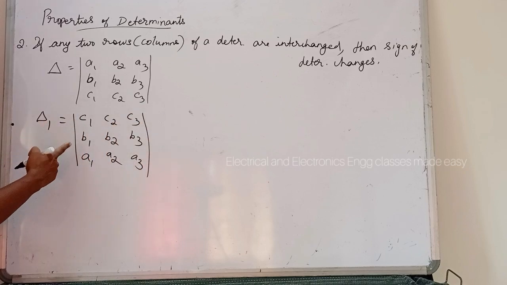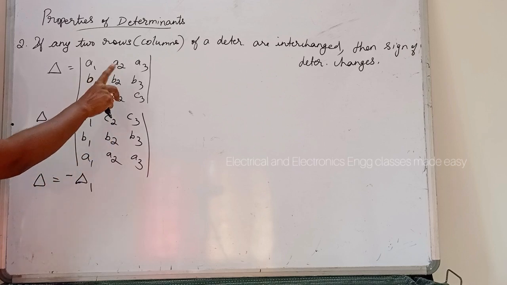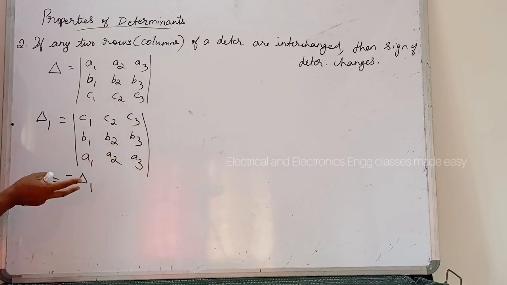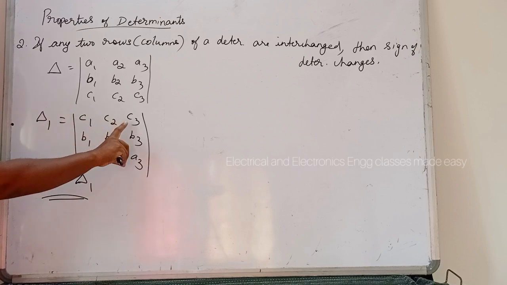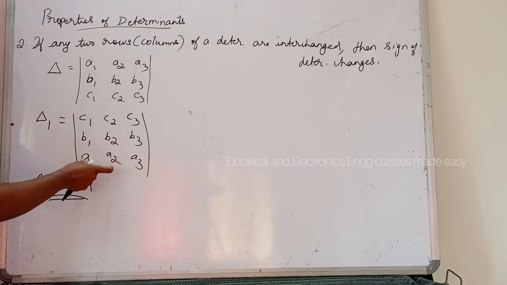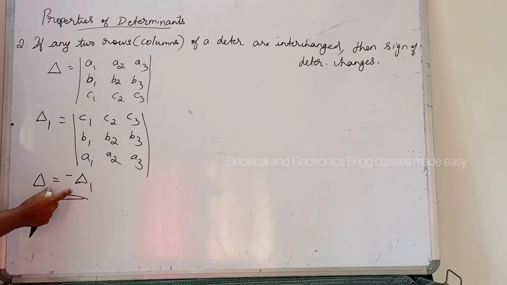Then in this case delta will be equal to minus of delta 1. That is, the value of determinant does not change but its sign changes. So if any two rows or any two columns of a determinant are interchanged, then sign of that determinant changes.